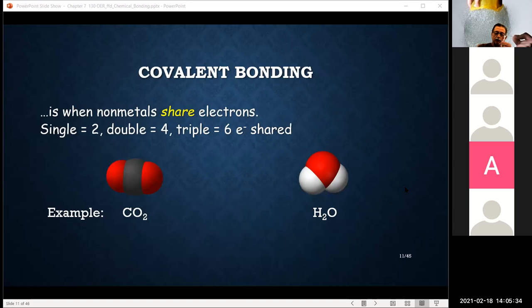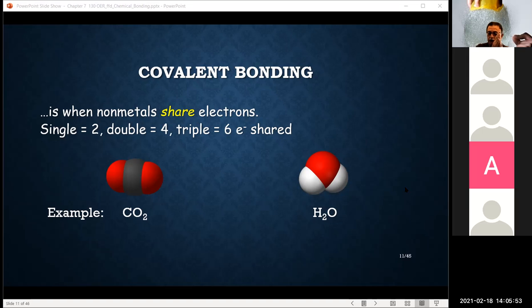Now, with respect to covalent bonds. We talked about electrostatic or ionic bonds, which are electrostatic attraction, like two magnets coming together. Now we're going to talk about covalent bonds. In this example, the bonds are shared.